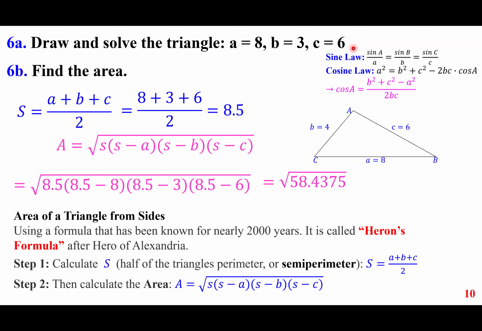Using a calculator, we end up with square root of 58.4375, which is about 7.644. So that's finding the area.